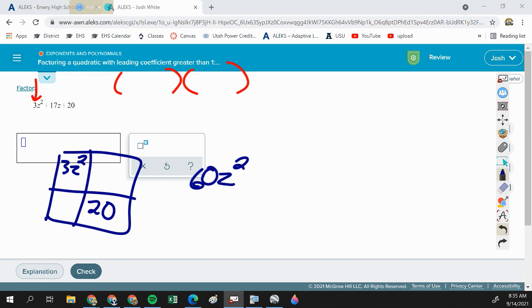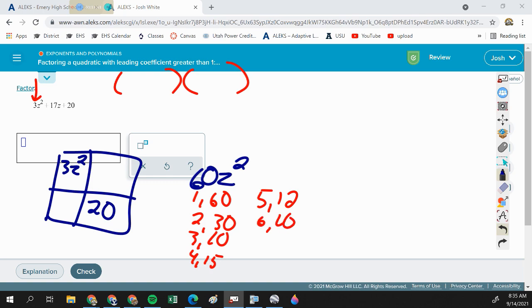All right, factors of 60. 1 and 60, 2 and 30, 3 and 20, 4 and 15, 5 and 12, 6 and 10, 7 doesn't work. That's it. 8 doesn't work, 9 doesn't work, and 10 we already have.